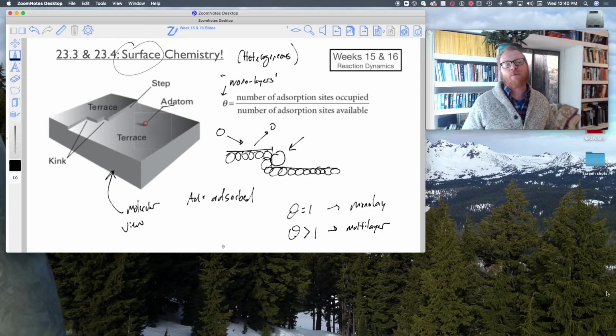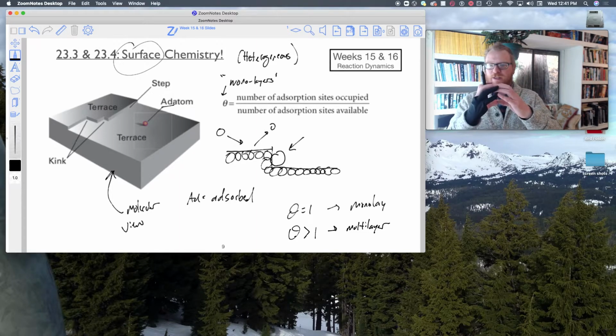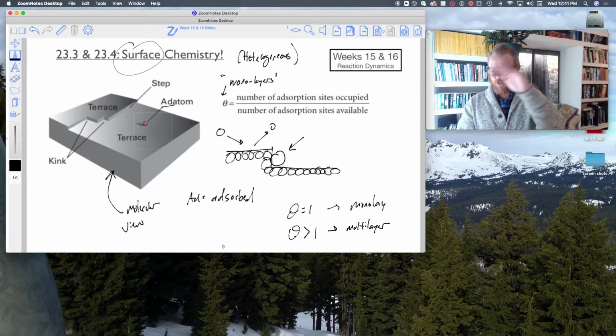And that's interesting from a surface chemistry point of view, if you have some surface, but it's got a multilayer of adatoms surrounding it, what is that surface even doing chemically, right? So perhaps it's a big chunk of salt covered in water.